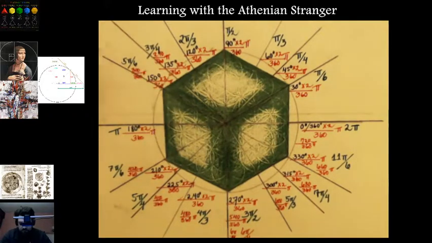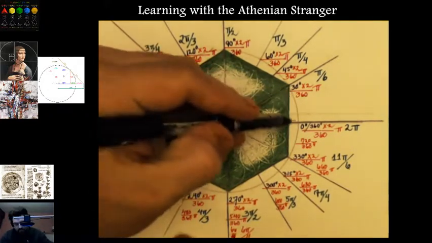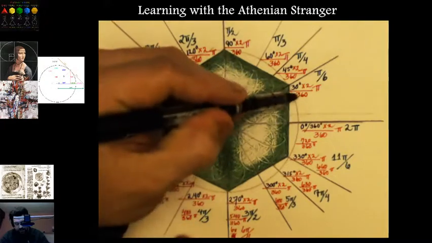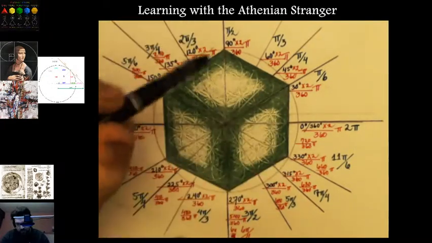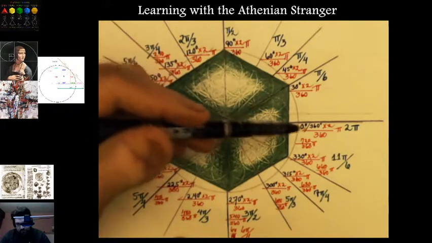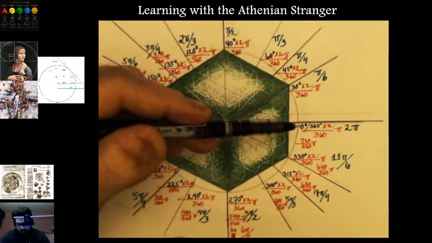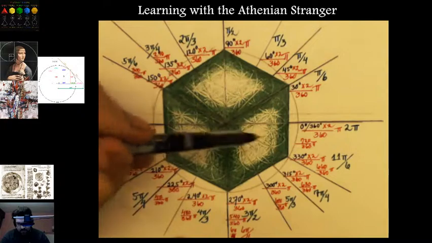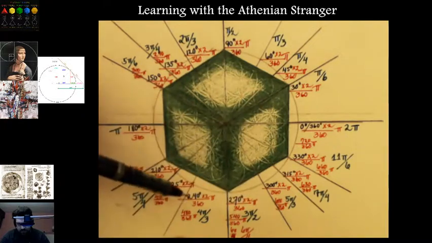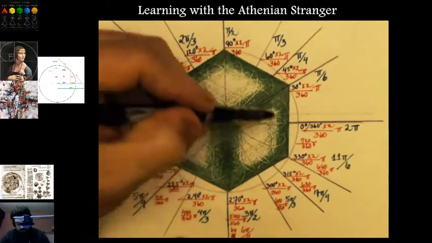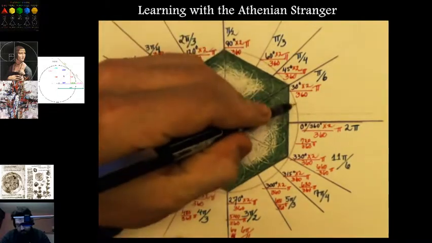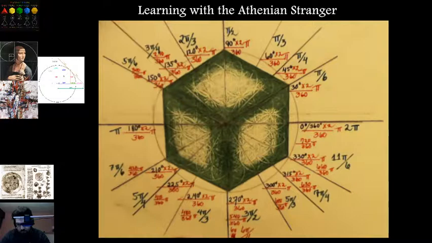Let's start with first principles. We know that there are 360 degrees in this circle. If I have 1 degree of 360, I've got 1/360th of the circle.